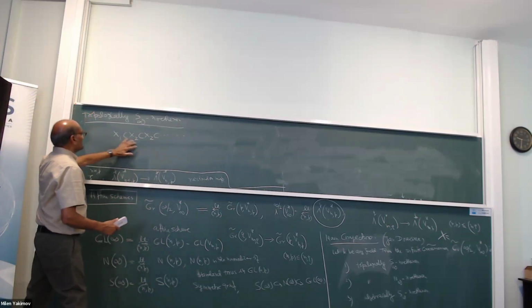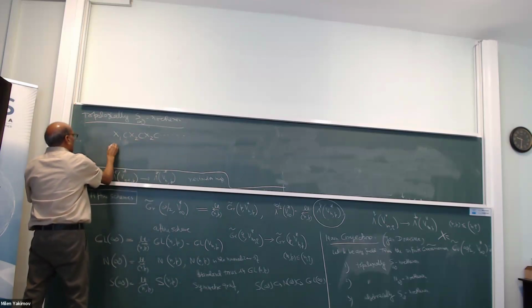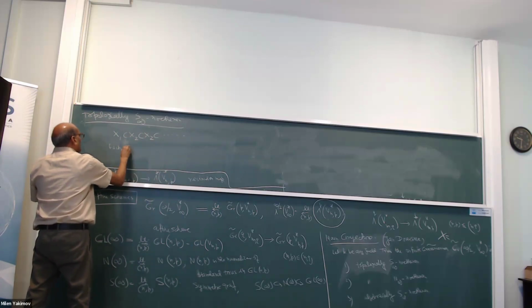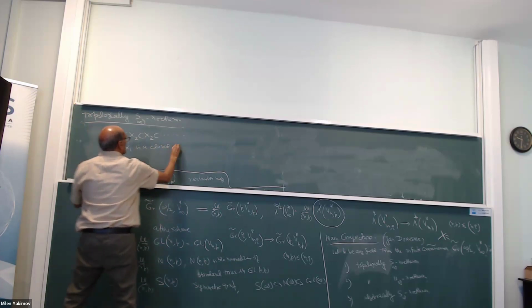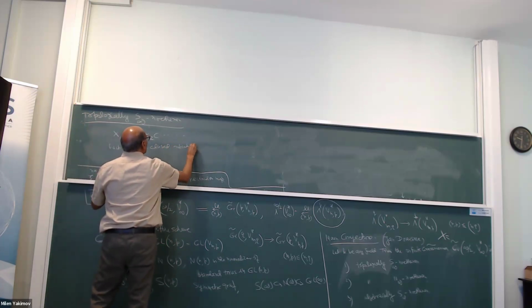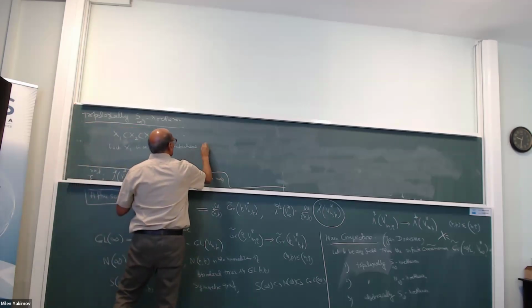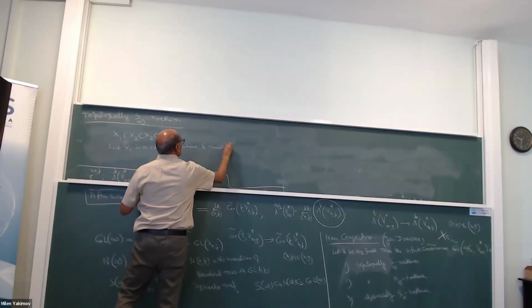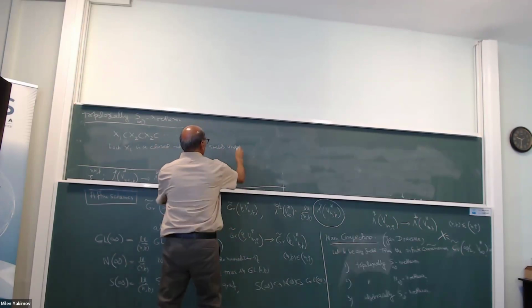In the Zariski topology, you have a chain X_i, where each X_i is a closed subscheme and stable under S infinity.